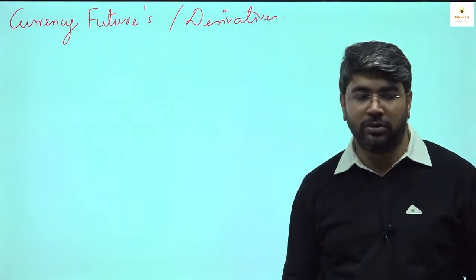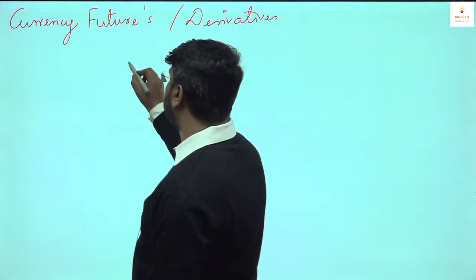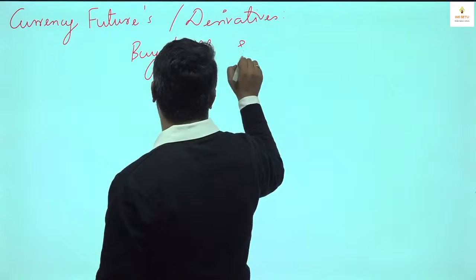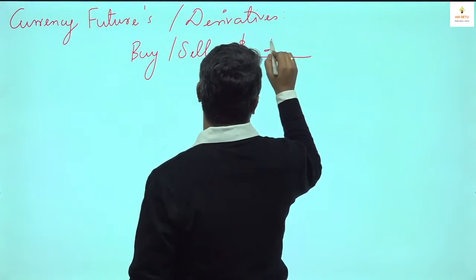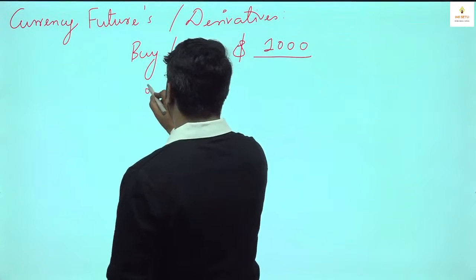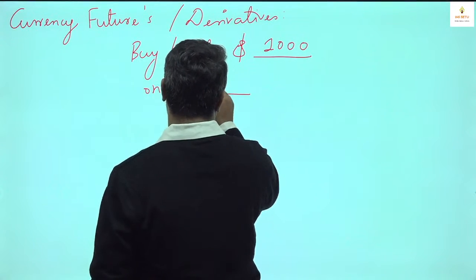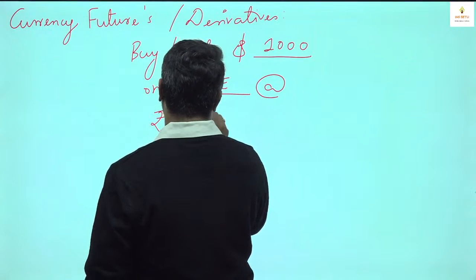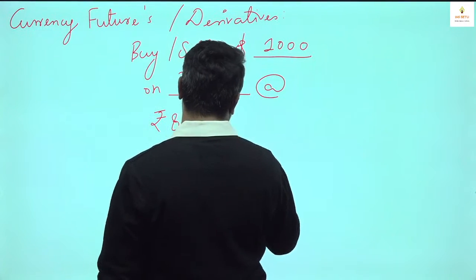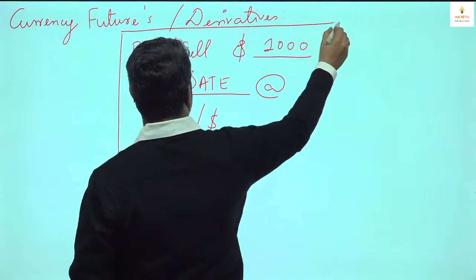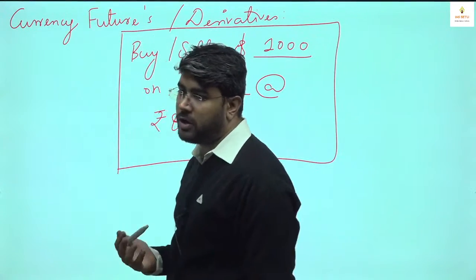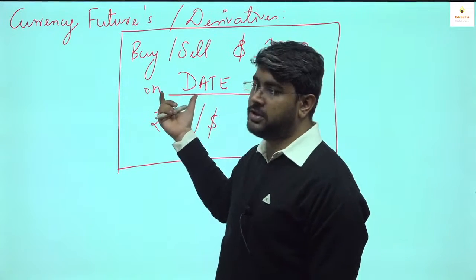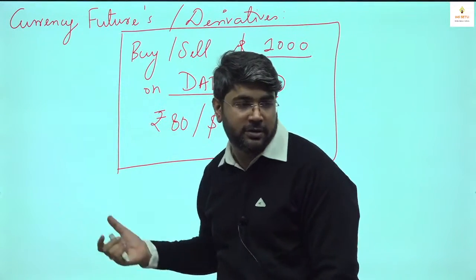This is a contract to buy or sell, let's say, dollars, कितने, let's say $1,000, on this date at, let's say, rupees 80 per dollar. So this is a contract to buy some foreign currency in specified quantity on a specified date at a specified price.